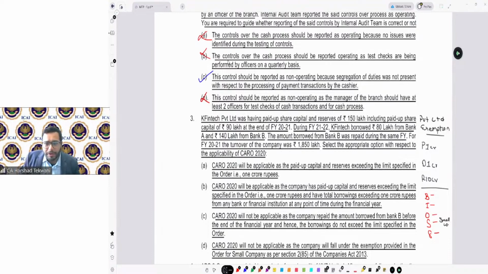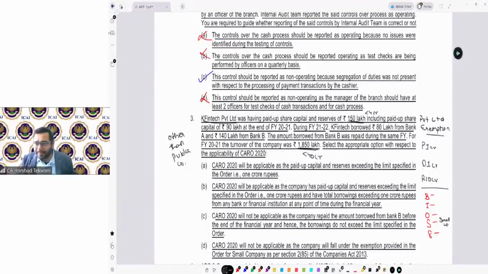My paid up share capital is 150 lakhs here, which is less than 4 CR. My turnover is 18 CR here, which is less than 40 CR. Again, it is not a public company; K Fintech is a private limited company. So all the conditions of a small company are satisfied, and accordingly my answer is that it is a small company.